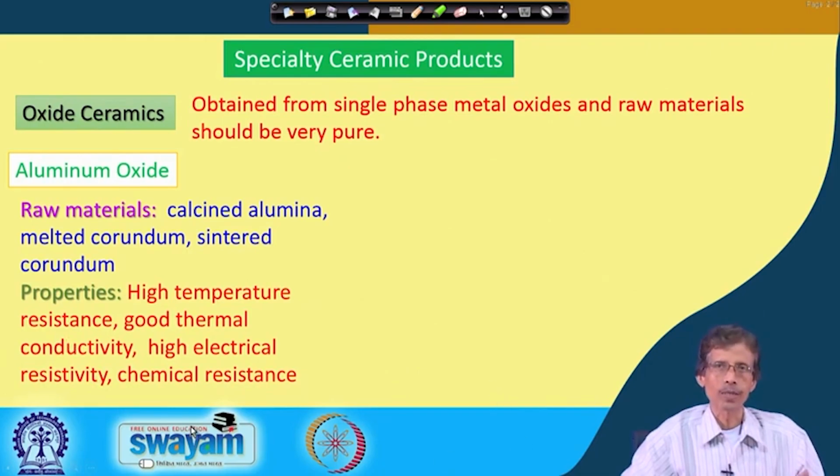You can have the corresponding crucibles also, aluminum oxide crucibles. It can have good thermal conductivity, because it is not giving you a very bad thermal insulation, and high electrical resistivity. So, it is basically a resistor in the electrical industry, and you also have chemical resistance. So, the material we are making out of this is aluminum oxide ceramic products.